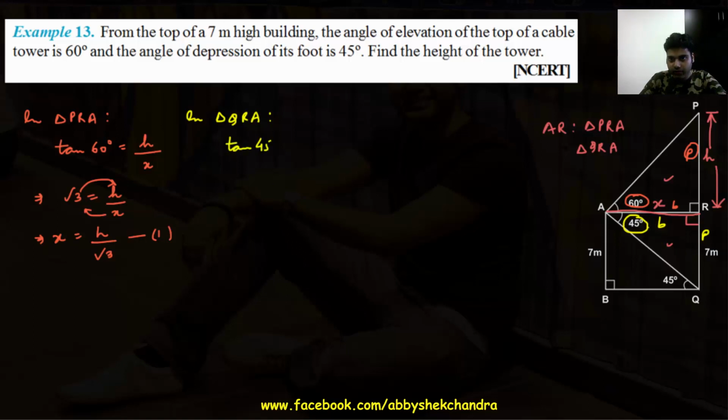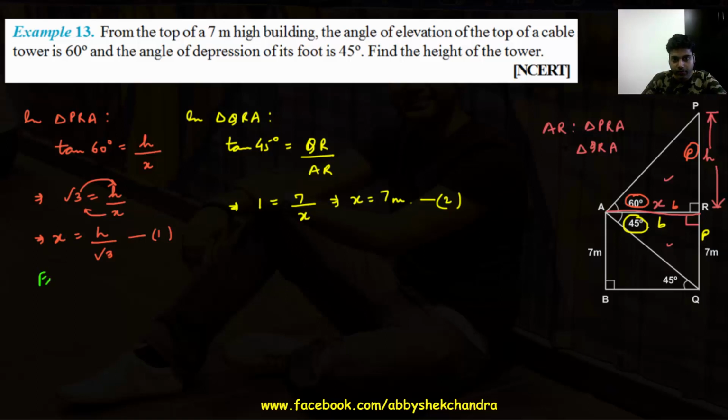So tan 45 degrees will be equal to perpendicular, which is QR, divided by base, which is AR. Tan 45 is 1, QR is 7 meters, and AR is X. This implies X equal to 7 meters. We got the value of X. Now let's call this 2.